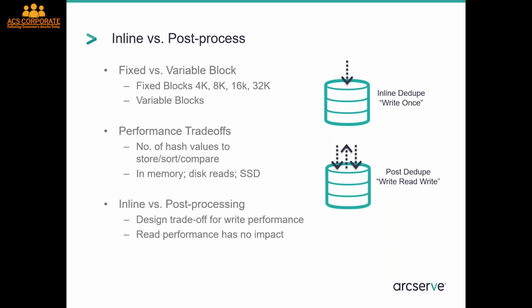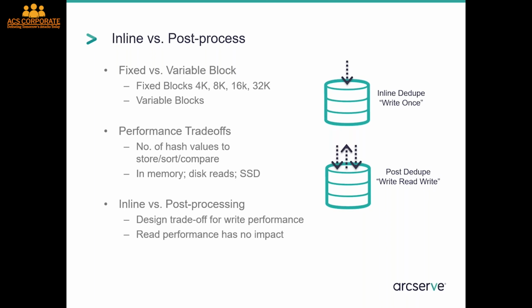Now, in terms of performance trade-offs, a few years ago, when dedupe really started to become popular in backup technology, post-dedupe was really the most popular method of dedupe because with post-dedupe, there was less computing power required because it was almost a post-backup process. You basically write all your backup data to a big disk area, and then after the backup completes, a post-process kicks in, and it will then analyze all the data and start to deduplicate it.